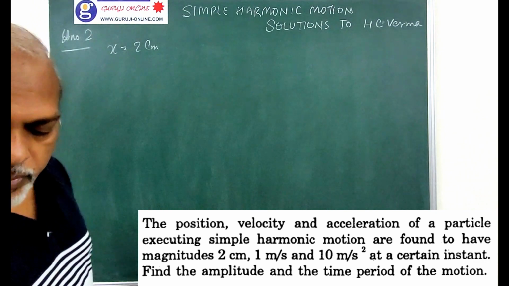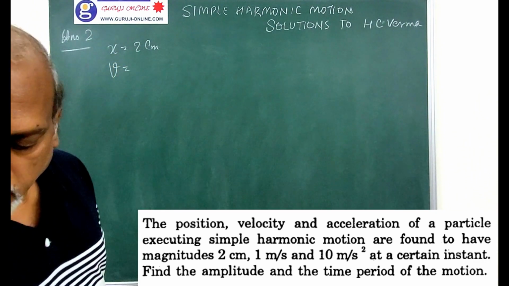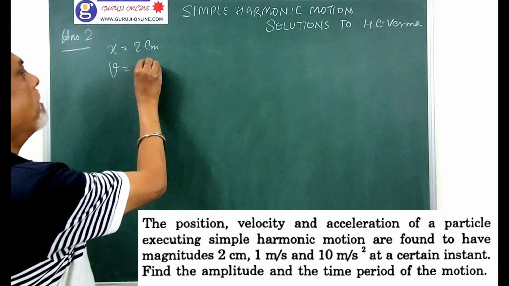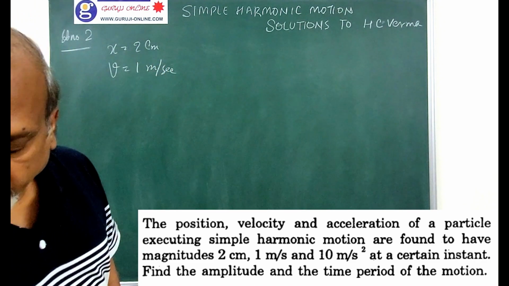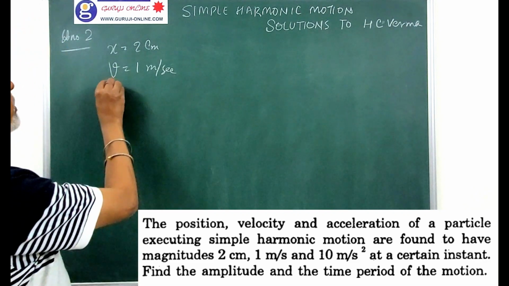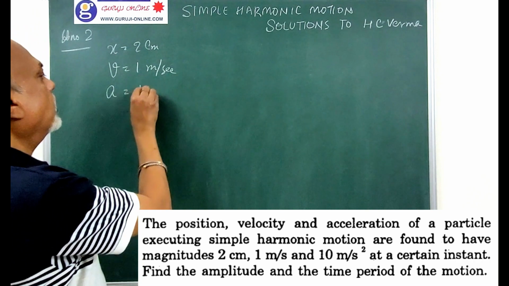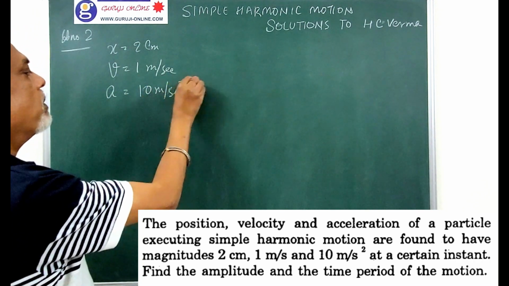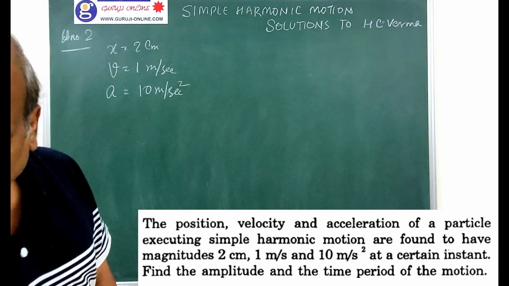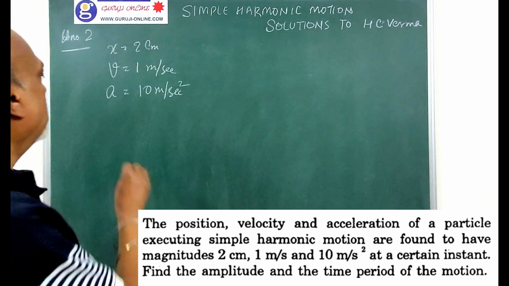Then we have velocity, that is 1 meter per second, and acceleration is also given, that is 10 meter per second square. We have to find out amplitude and time period.